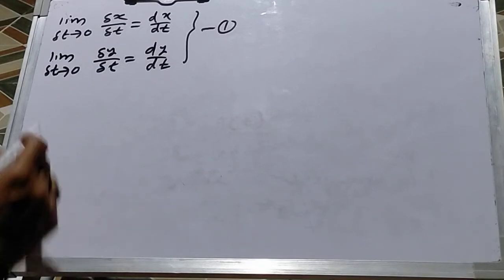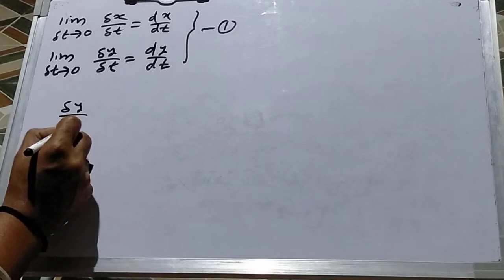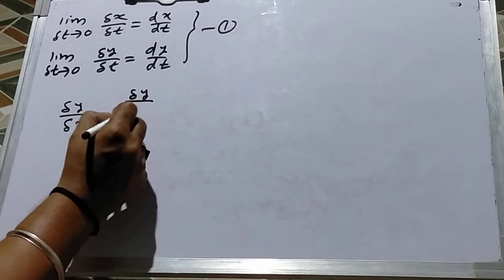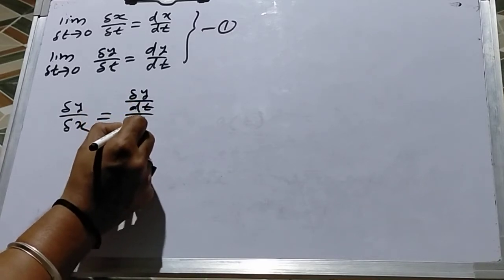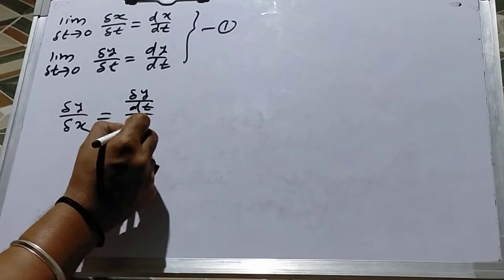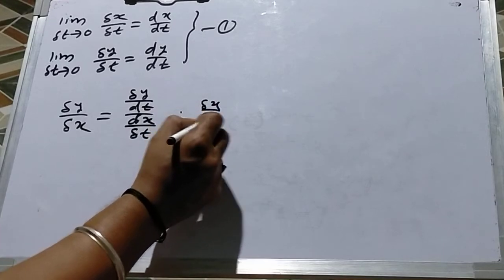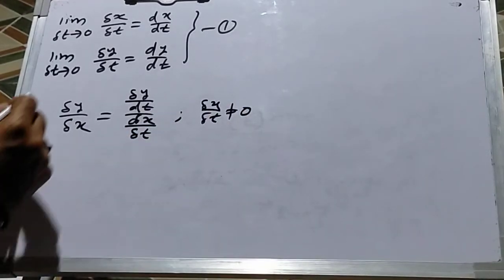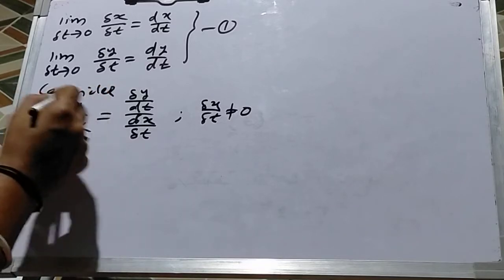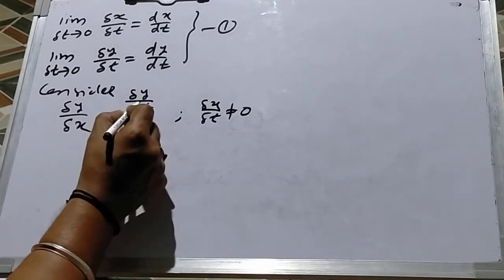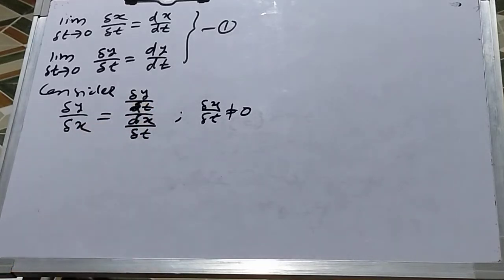Now we consider delta y by delta x. We divide numerator and denominator by delta t, considering delta x by delta t is not equal to 0. So delta y by delta x equals delta y by delta t divided by delta x by delta t.